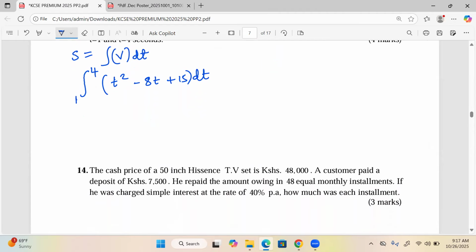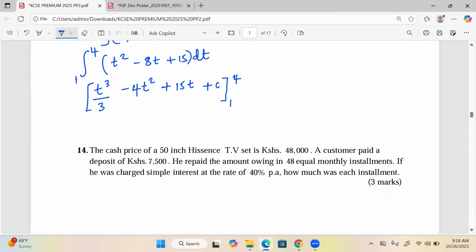So for the first term, t squared, the power increases and the new power divides: t cubed over 3. Minus 8t: the t becomes squared and the new power divides, so 8 becomes 4. Plus 15, whereby t is to power 0, it becomes power 1. We introduce an arbitrary constant of integration, c, with limits 1 to 4.